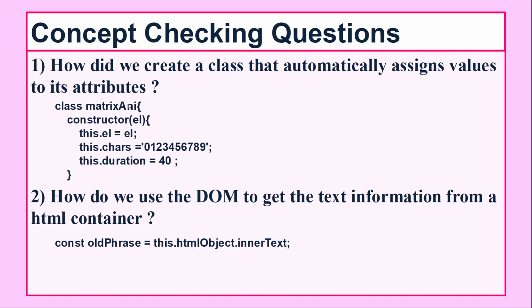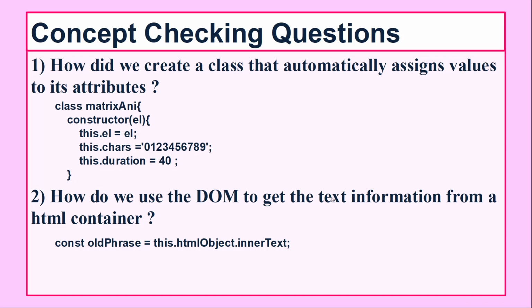Then we can assign values to it by using this and then dot the name of the attribute that we're going to create for the class, and then assigning it either through passing something into the constructor or by just assigning the value straight onto it.